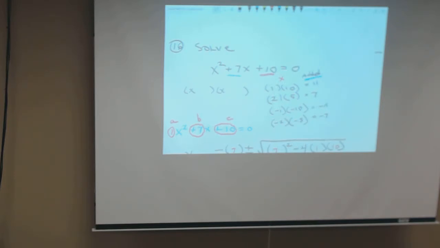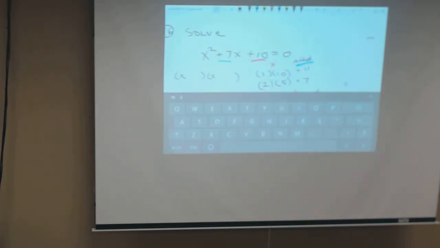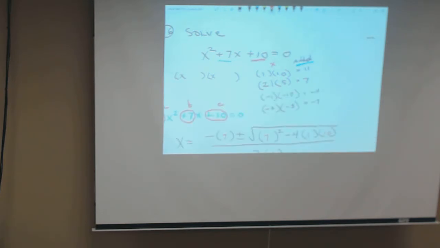It says by factoring, so we just come down here and make a bunch of parentheses and go, what two numbers multiplied would equal 10? 1 and 10, 2 and 5, negative 1 and negative 10, negative 2 and negative 5. And then, if you add them, you get 7 in the middle.